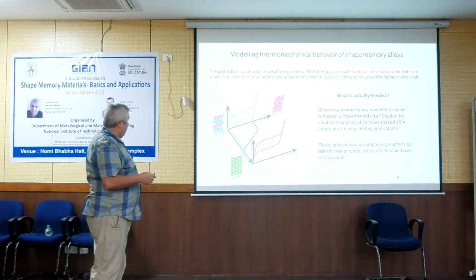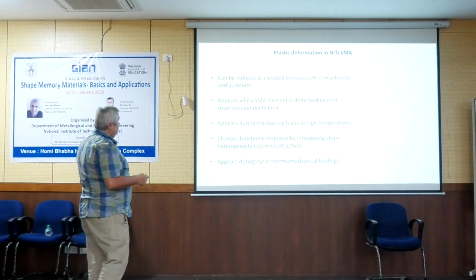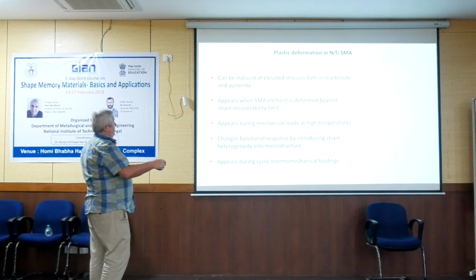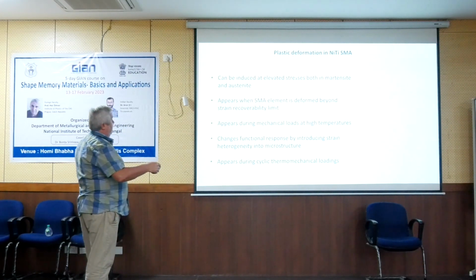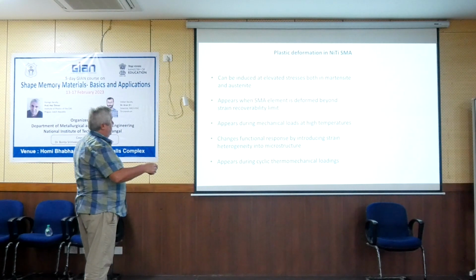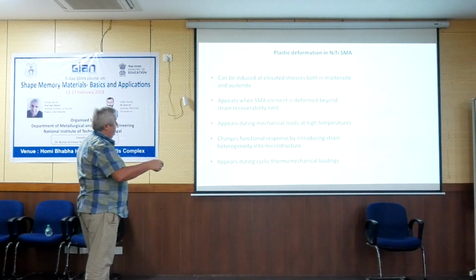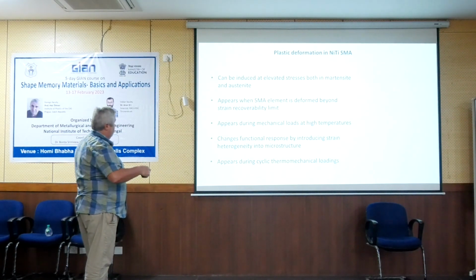Now, this is kind of a summary. Plastic deformation could occur at very, very high stresses applied at any temperature. If you deform beyond this yield limit, at high stresses and high strain, you will get plasticity.